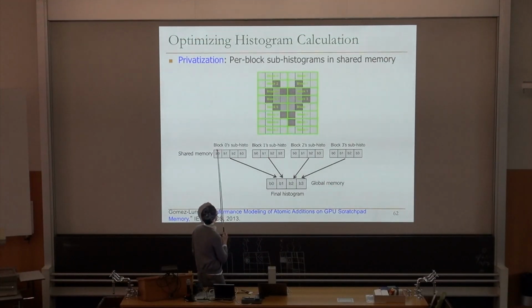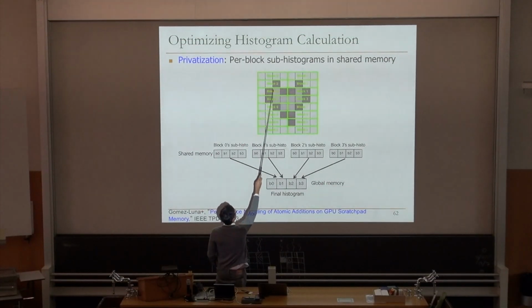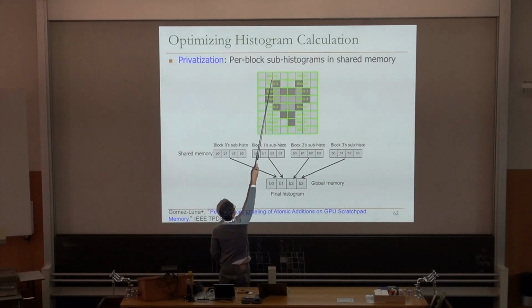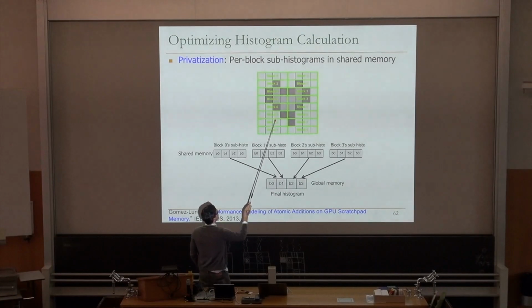Instead of that, what we can have is these subhistograms in shared memory, so that the threads go all over the image. And as you can see, the number of thread blocks that we are using is smaller than the total number of tiles, because block 0 is here, and then here, and then here, and then here.